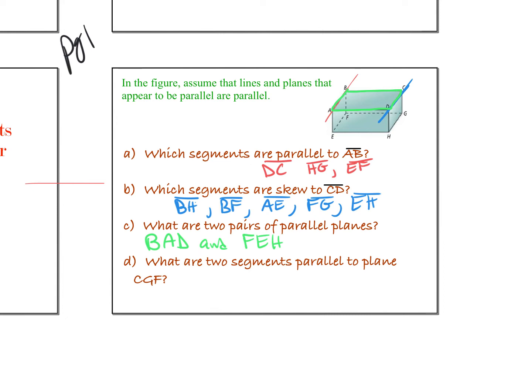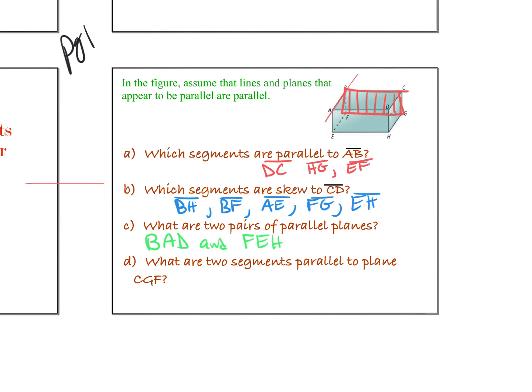What are 2 segments parallel to plane CGF? So let's look at CGF. CGF is this back plane here. Now, segments parallel to a plane. If you think in terms of this wall, a vertical line like my arm is parallel to this plane.